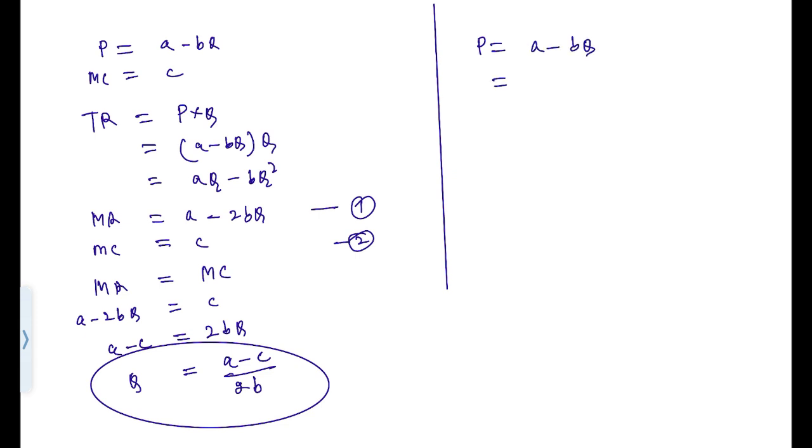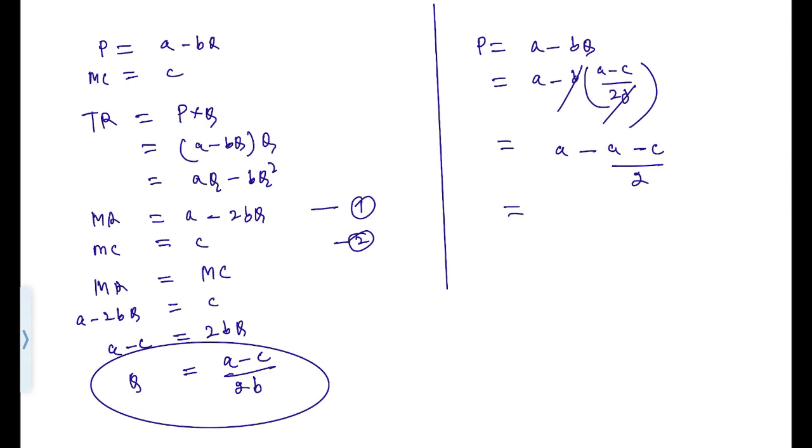Substituting the value of q, (a minus c) upon 2b, the b cancels, so p equals a minus (a minus c) upon 2.